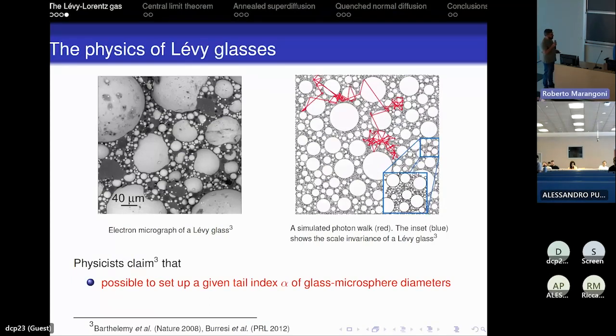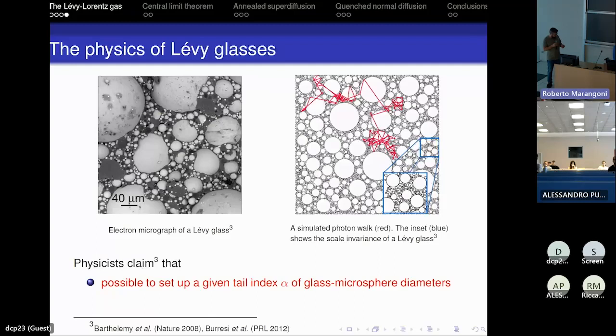The important point is that physicists claim that they can engineer such a material in such a way that the distribution of the diameters of the microspheres is power law with a given alpha. They claim, give me an alpha, I can engineer a material with power law distributed diameters with that alpha.